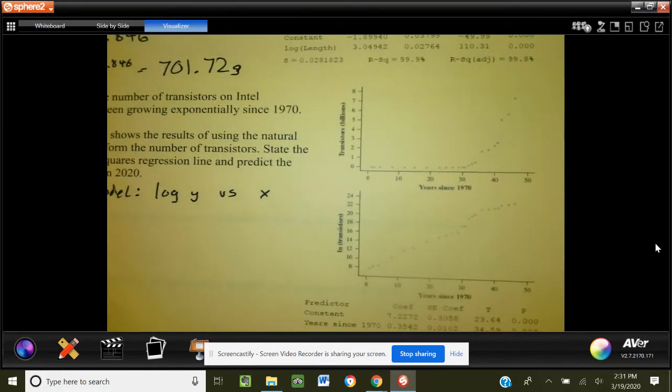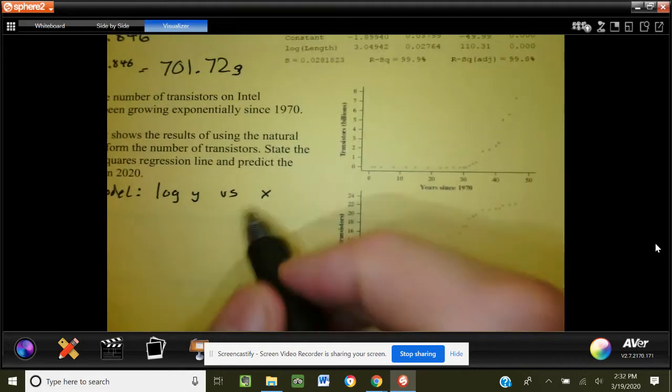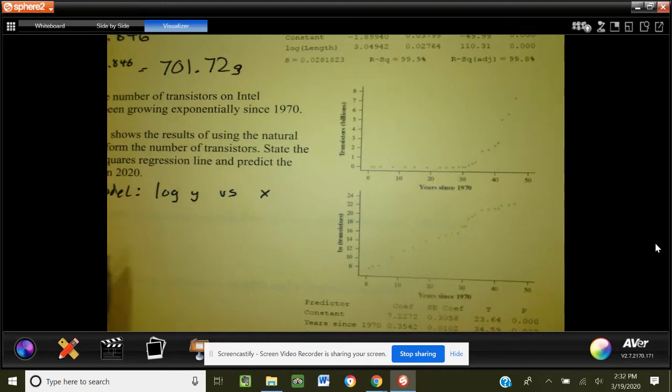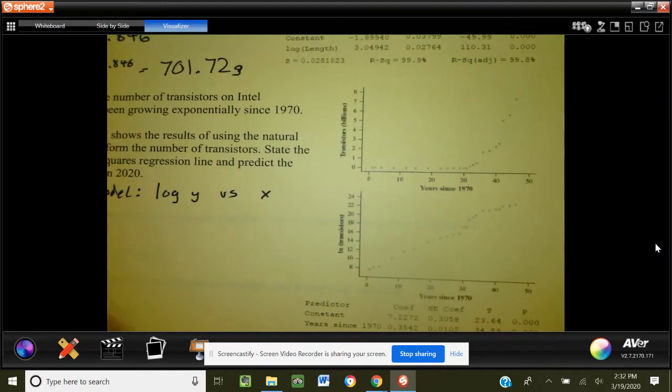Because log is the inverse of an exponential. And we don't do anything with the x. With the power model, the log y versus the log x, the exponential factor kind of cancels itself out, which creates a more even curve. Anyway, regardless of whether or not that makes sense, this is how you want to transform a model that you think is exponential.